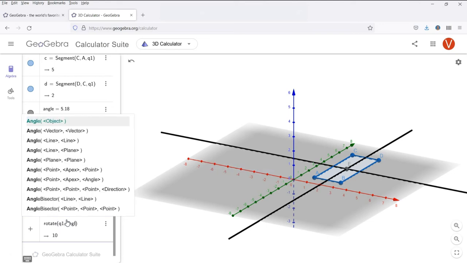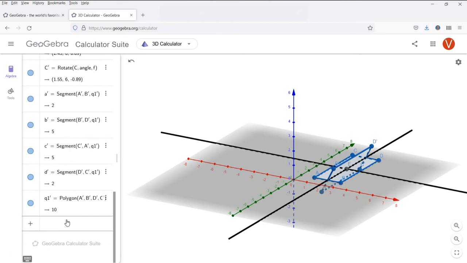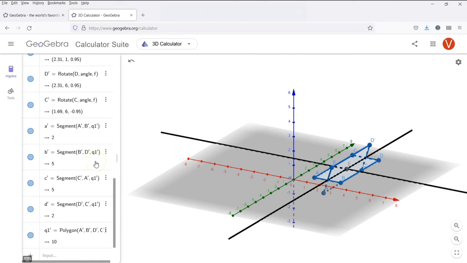Rotate Q1 by this angle around the line of symmetry F. And now let's see. So basically it is like a flip, horizontal and vertical flips. Okay, that is around F.